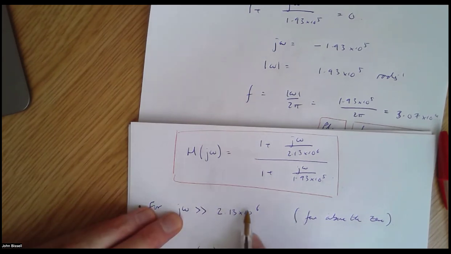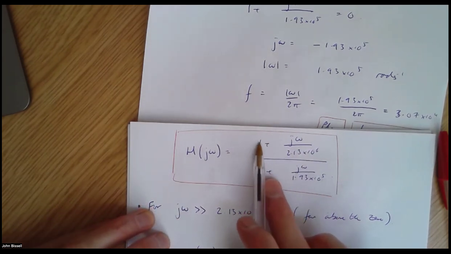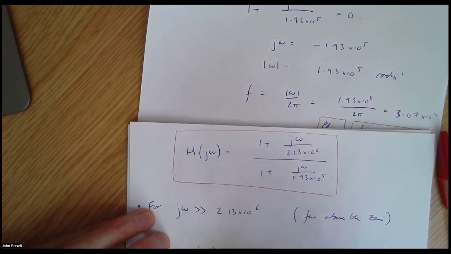If j omega is much bigger than this, then this term is much bigger than this term, right?